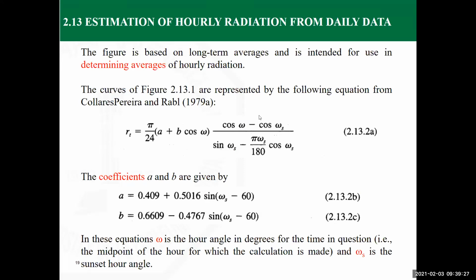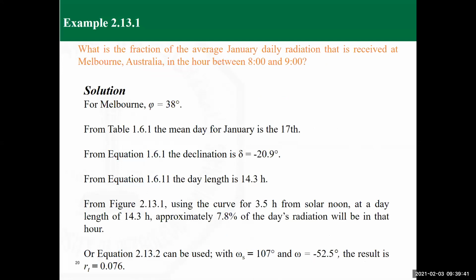You get the value of WS from an equation, then substitute that and get the value of RT. When you do that, you get a value of 0.076, while that was 0.078. So it's an acceptable accuracy to go through the table or the figure.